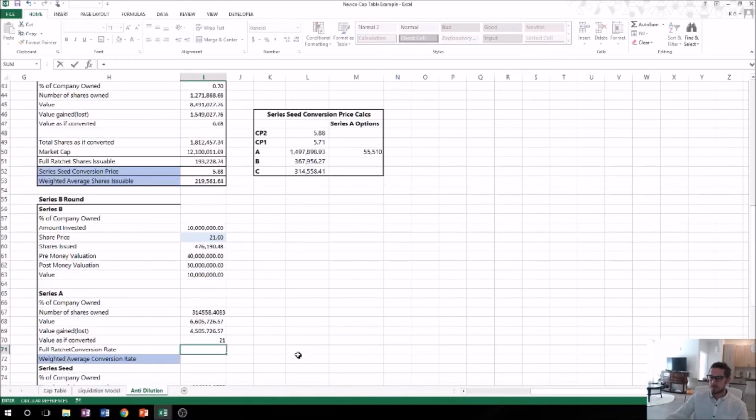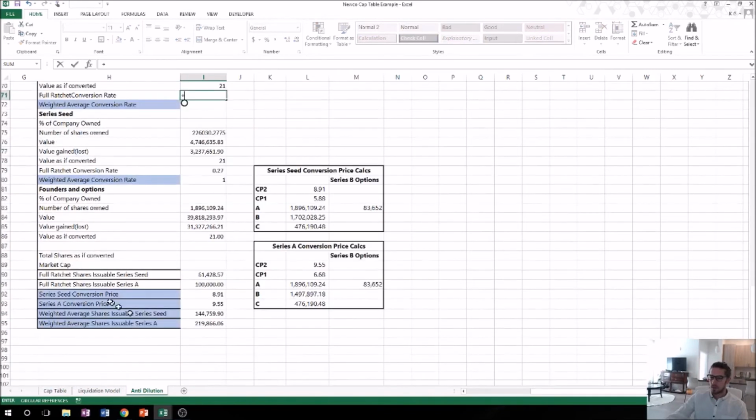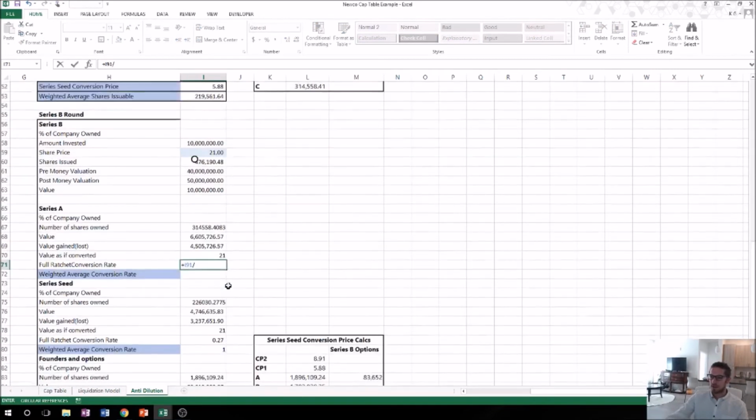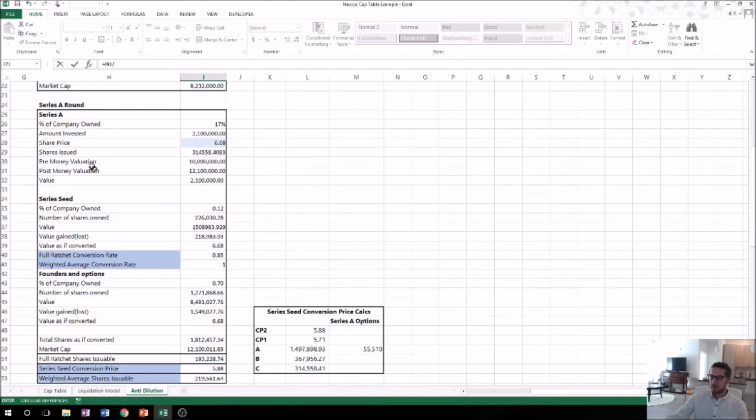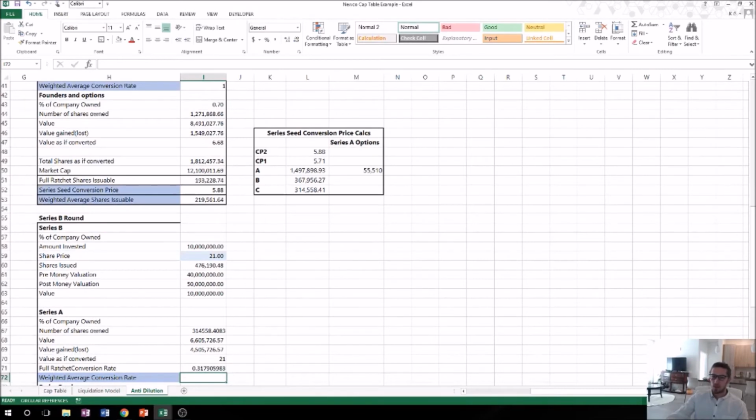We'll take the full ratchet shares issuable and divide it by the shares issued to the Series A originally. And the weighted average conversion rate, so this is where the other if statement comes in.